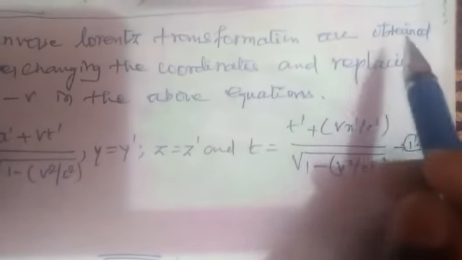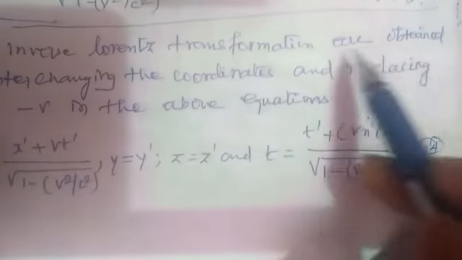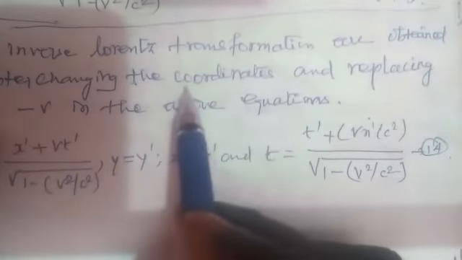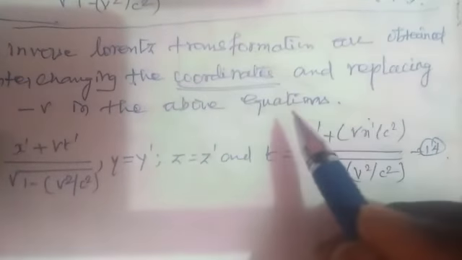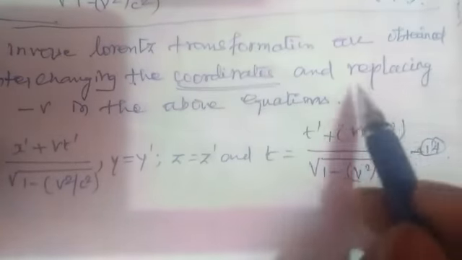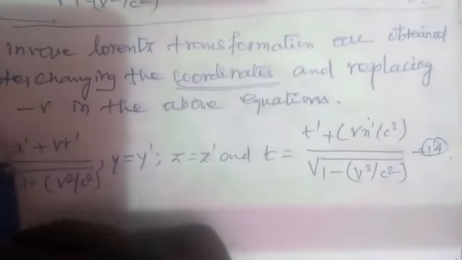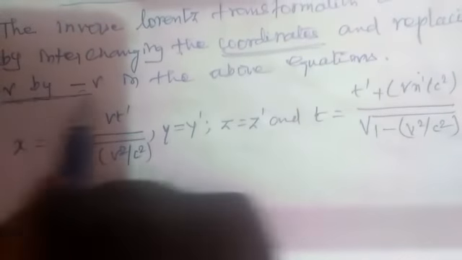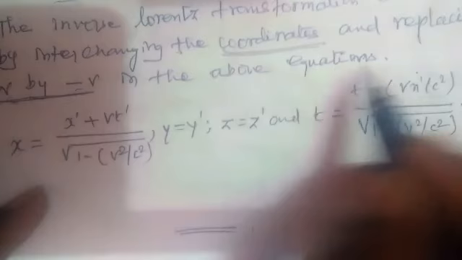Next, the inverse Lorentz transformations are obtained by interchanging the coordinates and replacing v by minus v in the above equations.